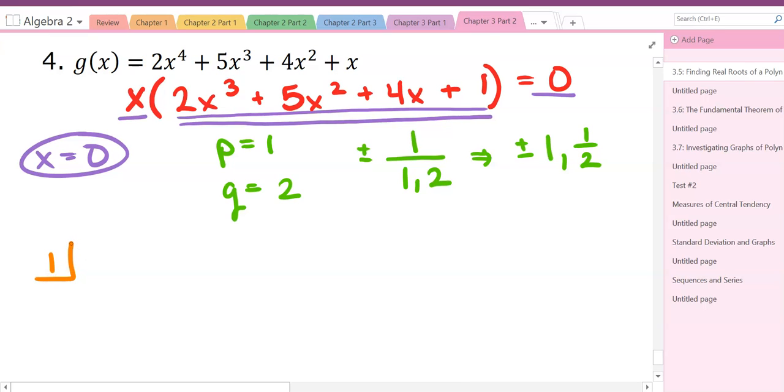Grab your coefficients, not from the original equation, but from the one that we had inside the parentheses after we factored. So what are your coefficients of that one? What number's in front of the x to the third term? So 2, 5, 4, and 1.